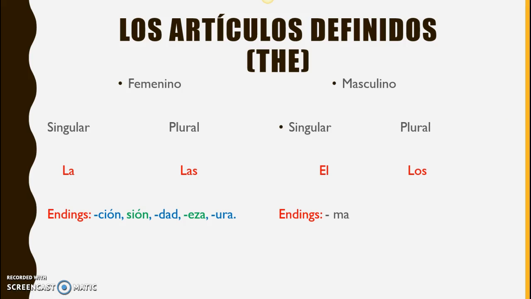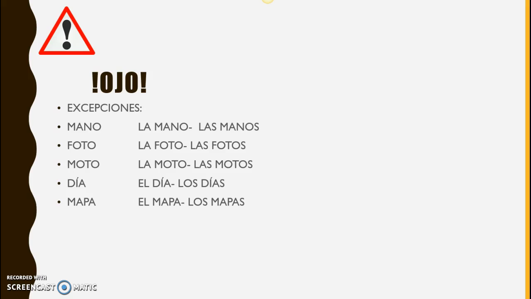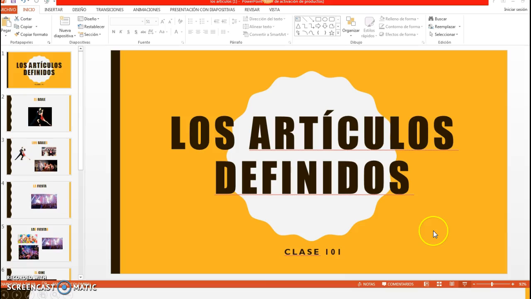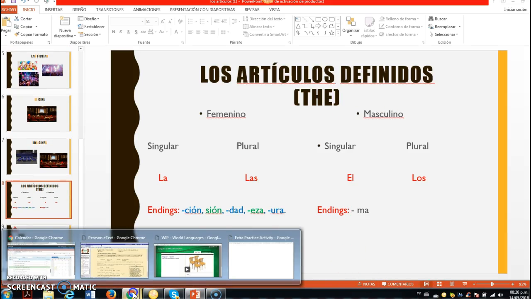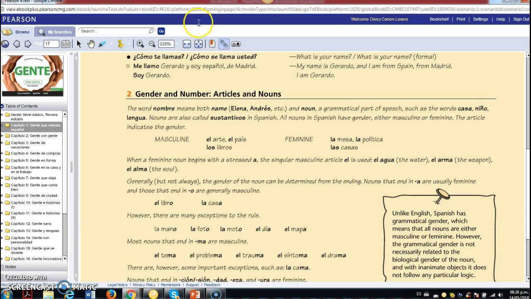So you will also be reading the consultorio gramatical on page 17, where you have some information related to gender and number, articles and nouns. We're going to talk about sustantivos, that in Spanish, but it's the same as nouns. Nouns in Spanish means sustantivos.